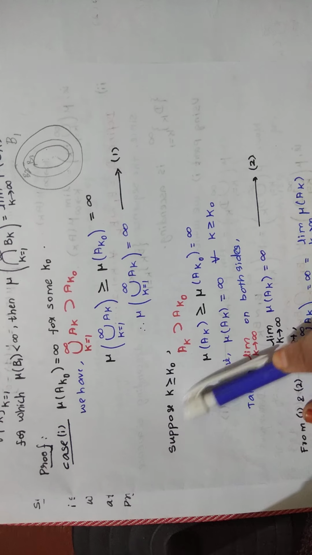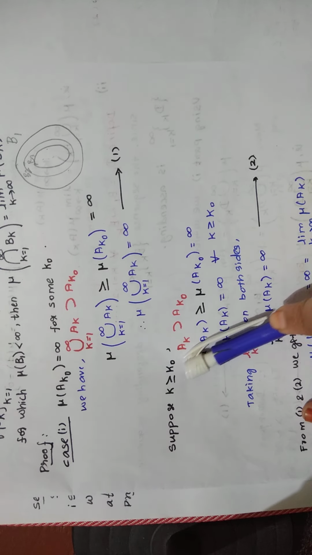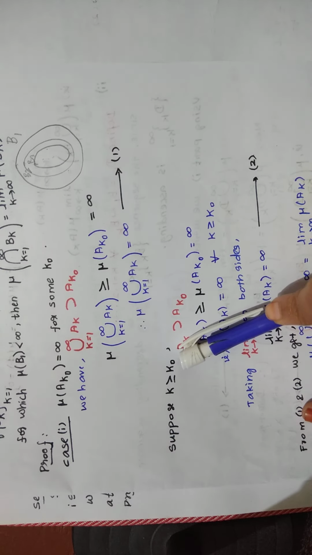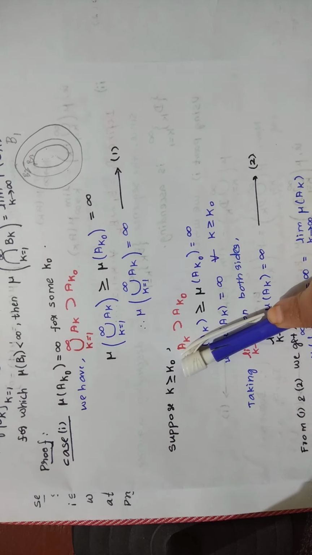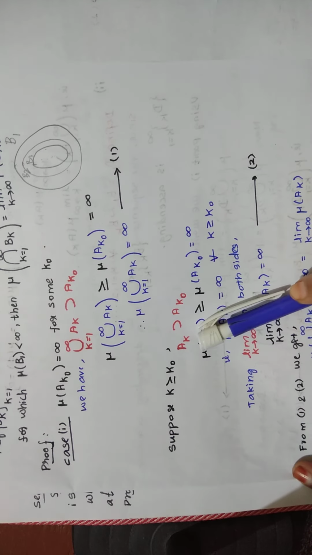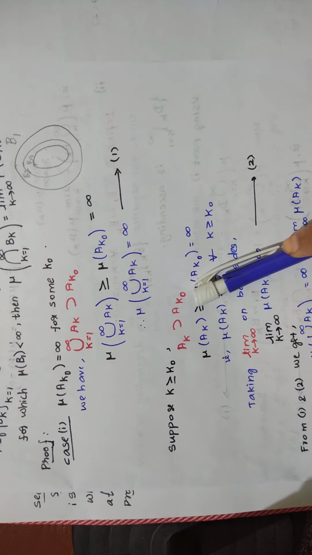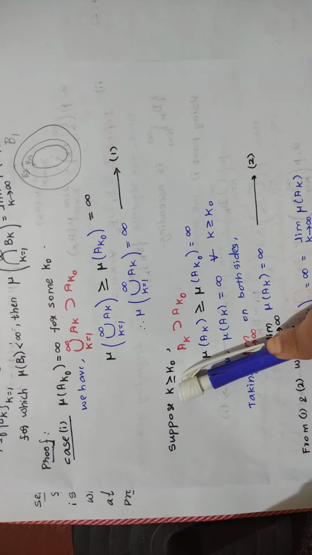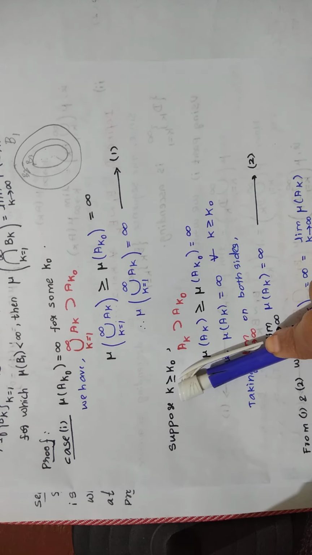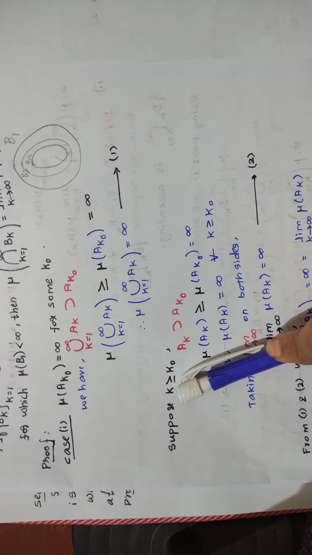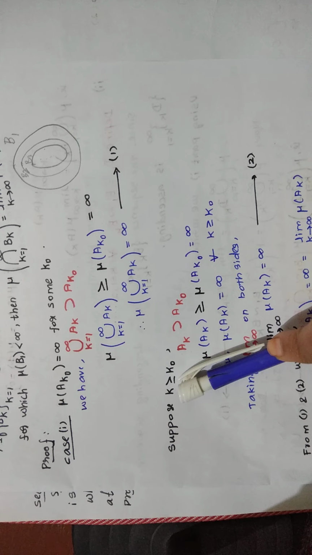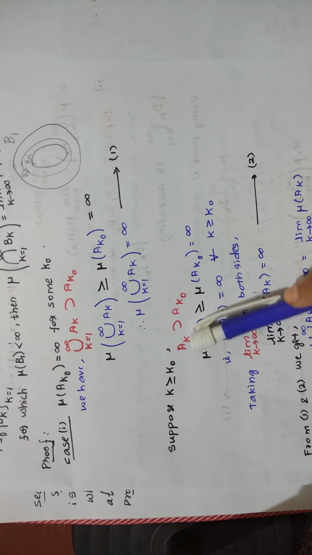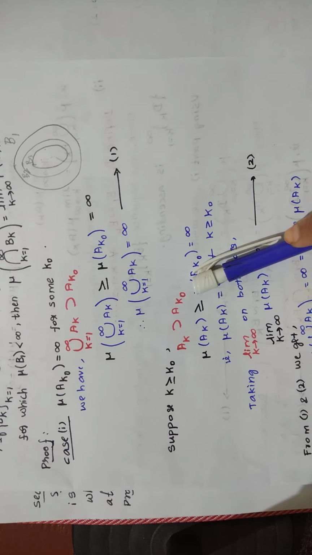And next, suppose k is greater than or equal to k0. If k is greater than or equal to k0, it means A_k contains A_k0. What is meant by this? Because k is greater than or equal to k0, so A_k is bigger. So A_k contains A_k0.